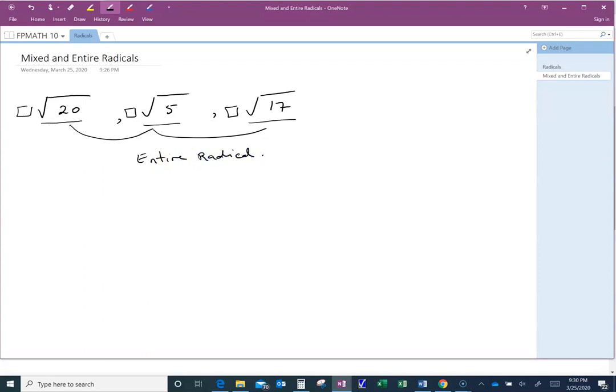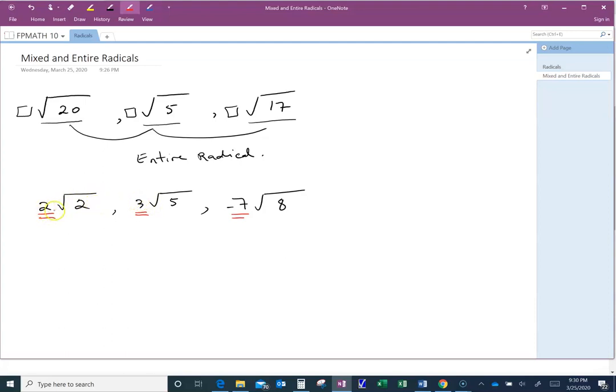But mixed radicals are written with a number in front of them. For example, 2 root 2, 3 root 5, minus 7 root 8. Now these have numbers in front of the radical that is being multiplied by the radical.